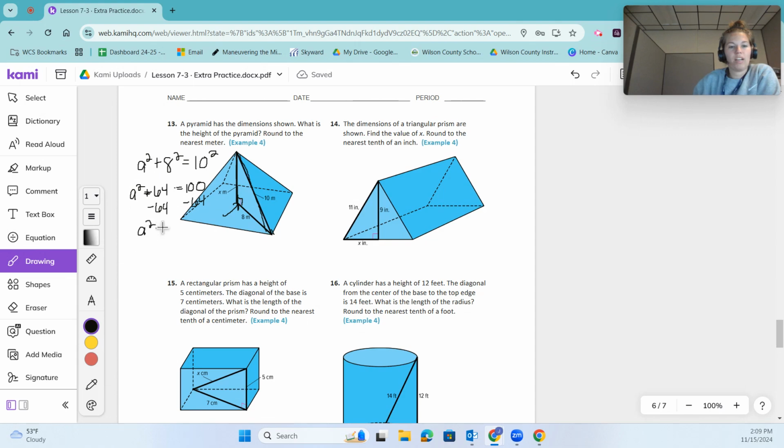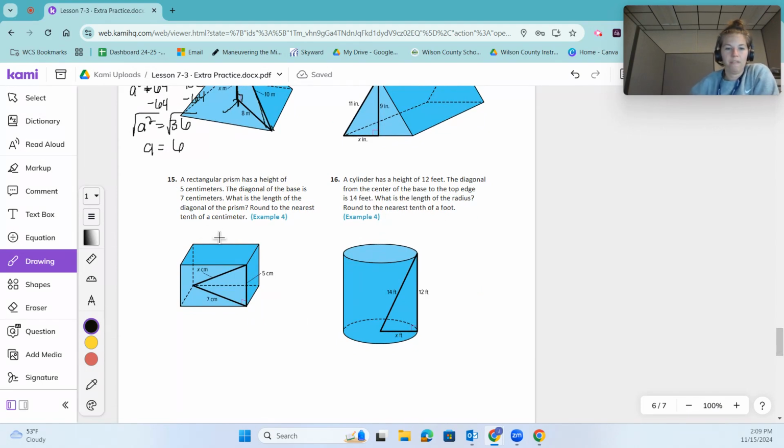So a squared equals 36. Square root both sides, and a is equal to 6 because the square root of 36 is exactly 6. Okay, so it is exactly equal to 6. And then you can try number 14 on your own there. I'm going to come down and do number 15 here.